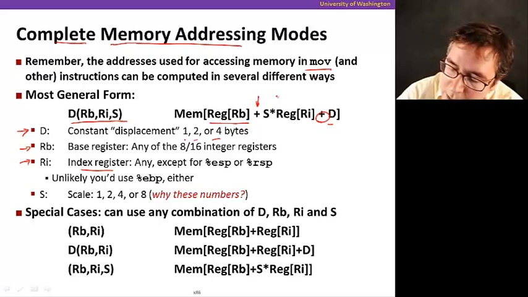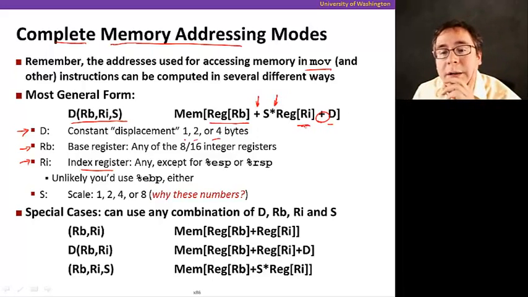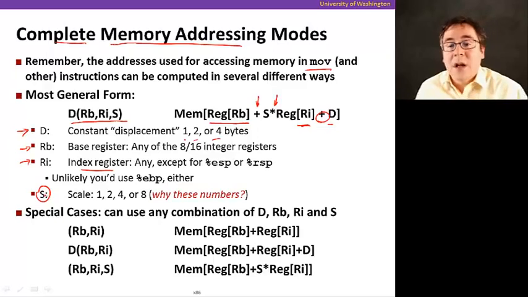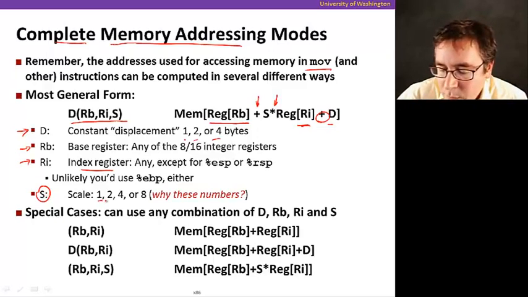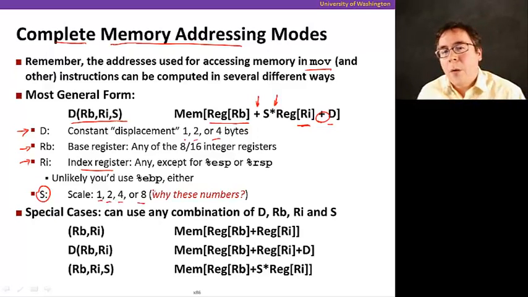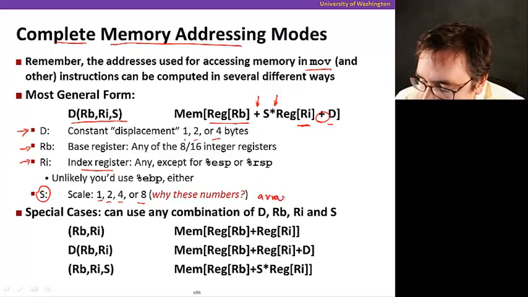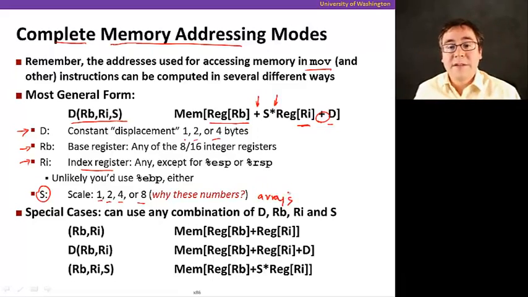That's why we have a multiplication here by the contents of RI, multiplied by a constant called S, which is the scale. This value can be 1, 2, 4, or 8. Why those numbers? Because we want to efficiently support arrays of values of these sizes.